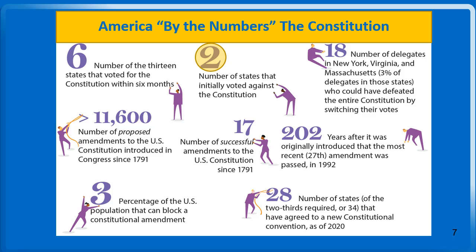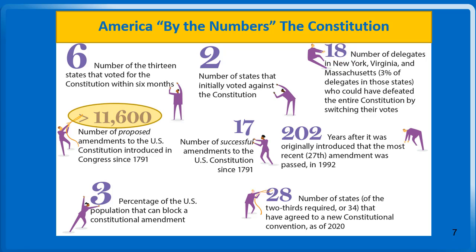2 is the number of states that initially voted against the Constitution. 18 is the number of delegates in New York, Virginia, and Massachusetts. 3% of the delegates in these states could have defeated the entire Constitution simply by changing their votes.